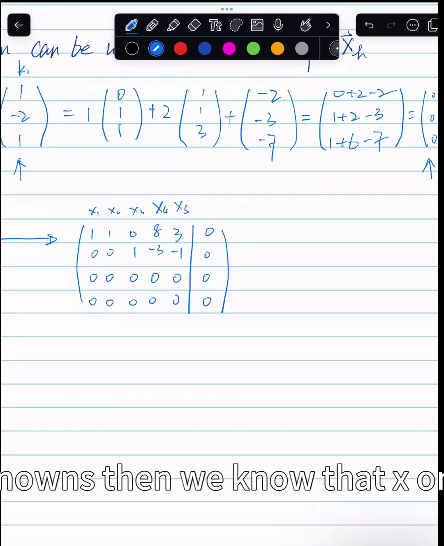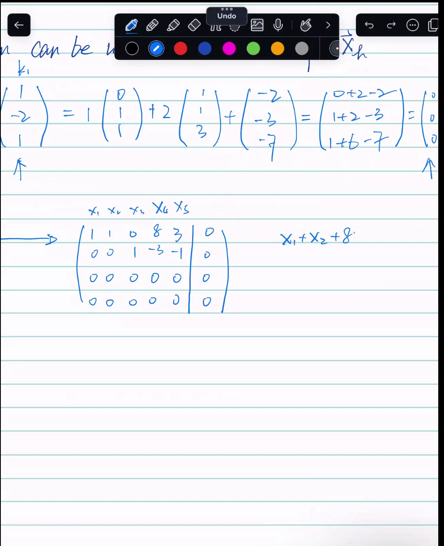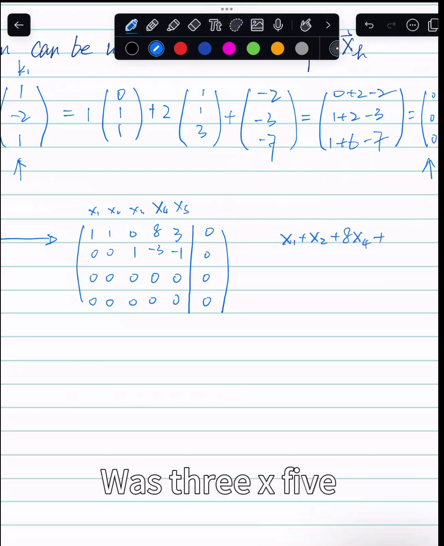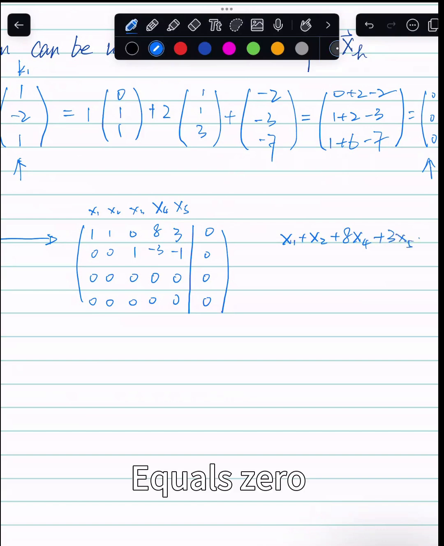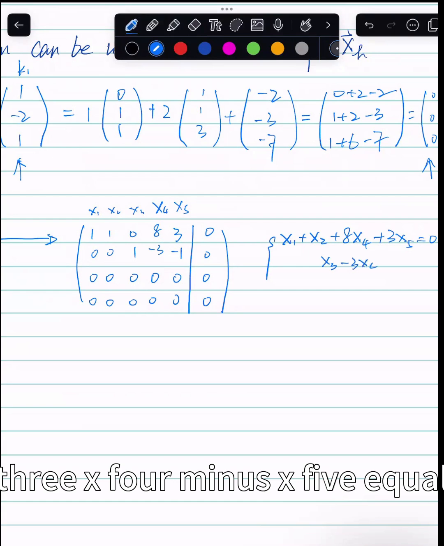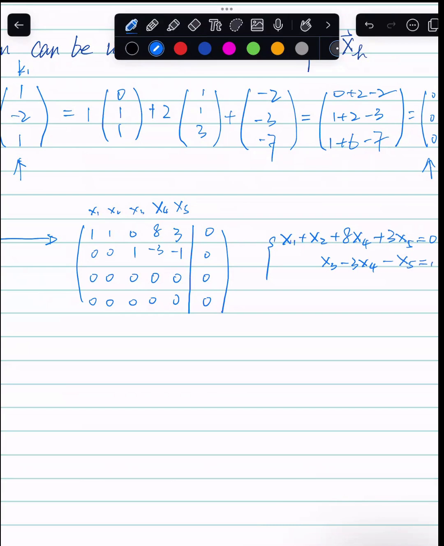Then we know that x1 plus x2 plus 8x4 plus 3x5 equals 0, and x3 minus 3x4 minus x5 equals 0.